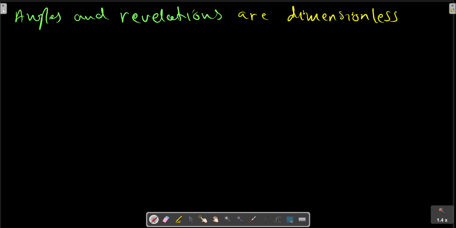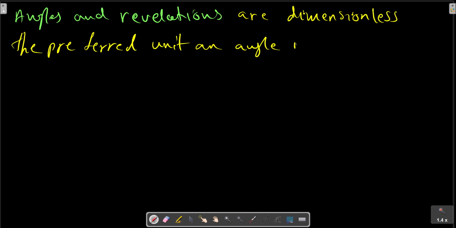The preferred unit for an angle is the radian, which makes it clear that an angle is a ratio, like when a revolution is 2 pi.